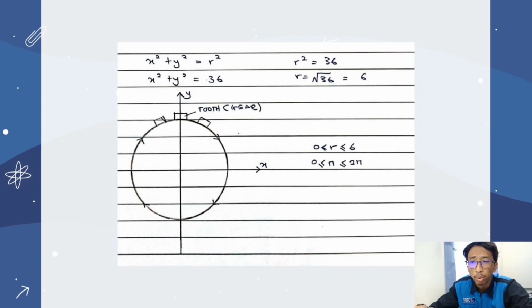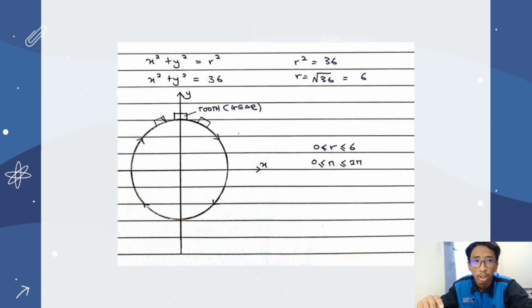After that, we need to sketch the graph for the question. From the question, we can get that the graph is a circle shape with radius 6, because we know that x squared plus y squared equals 36, and 36 is r squared.